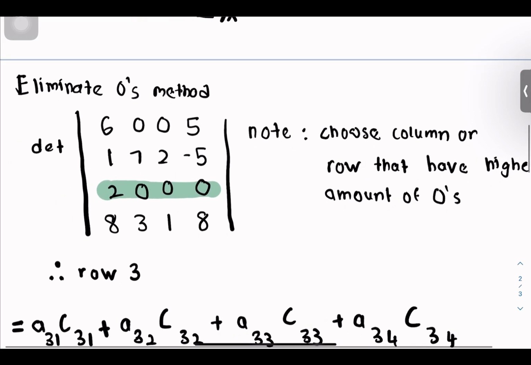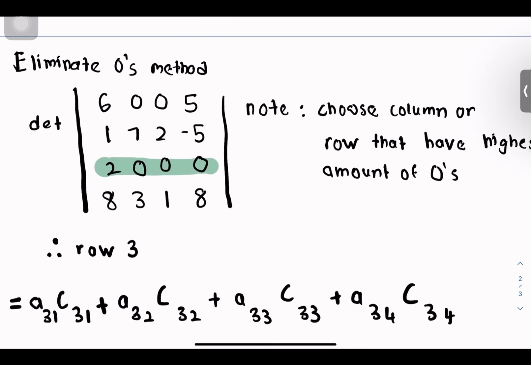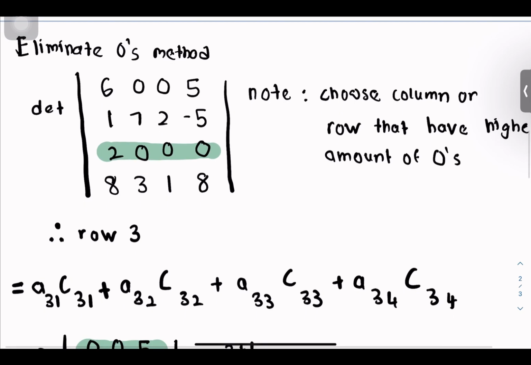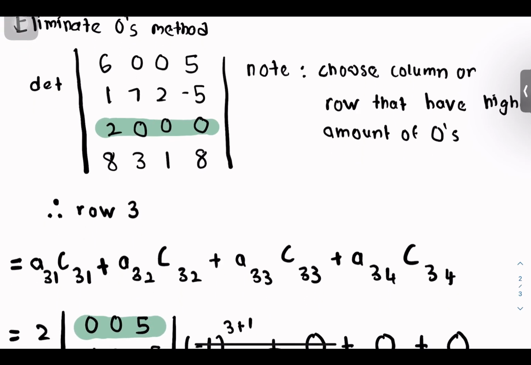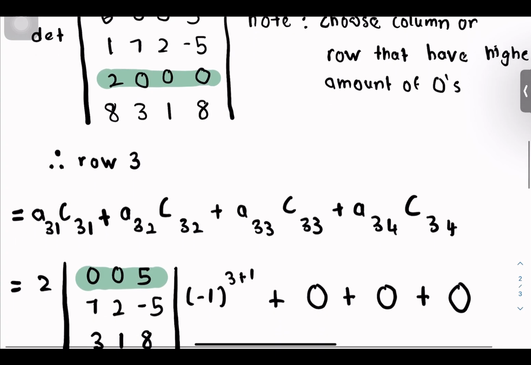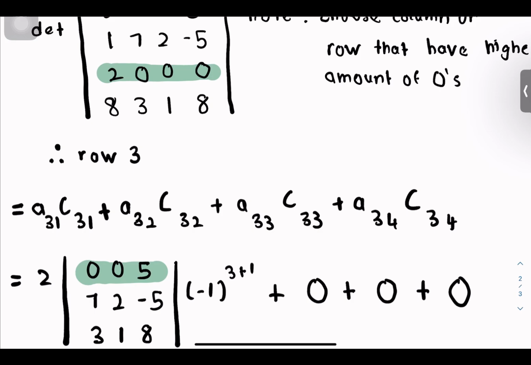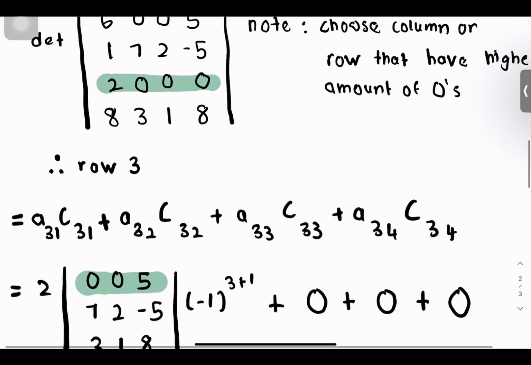From the matrix, the green label is row 3, which has the highest number of zeros. From this row we can use the cofactor expansion formula. So the answer is A31 C31 plus A32 C32 plus A33 C33 plus A34 C34.